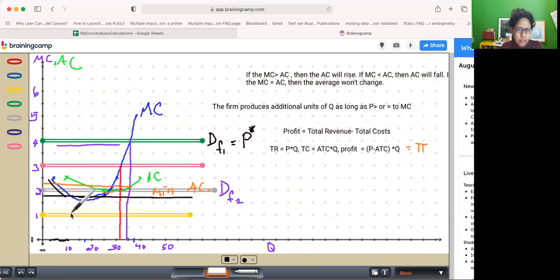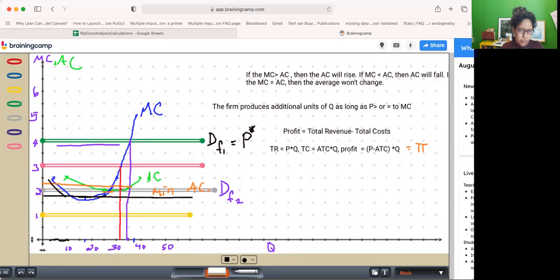But just because your marginal cost is declining doesn't mean that you're going to want to produce. You still have to cover your average cost. And in this case, we were looking at average variable cost. You need to cover your average cost in order to make money. If your marginal cost is covered at a certain point, but your average variable cost is not, you still, in this case, we only had costs of labor.